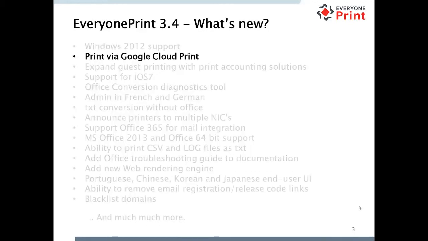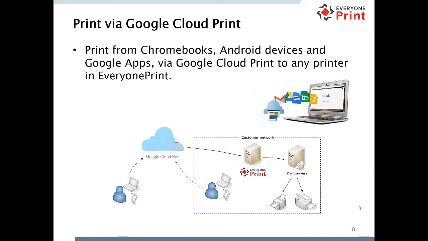Now, the first feature that I want to talk about is printing via Google Cloud Print, and this is a very exciting feature. In essence, Google Cloud Print is a printing system that Google invented some years ago, and it's actually still in beta today, but it's highly adopted.